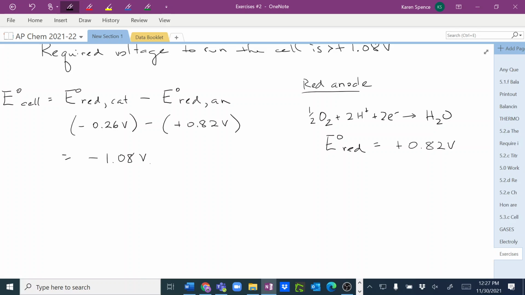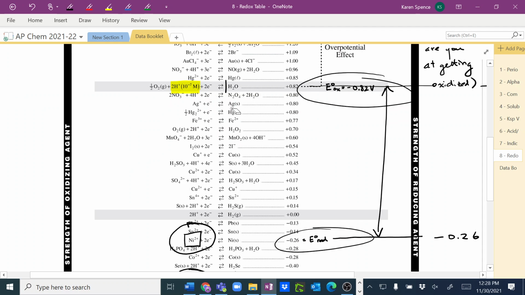Some people like it. I don't know. Personally, I find this less intuitive, but if you're simply looking at the difference between them, you would take 0.82 and subtract negative 0.86, I don't know what I'm saying.